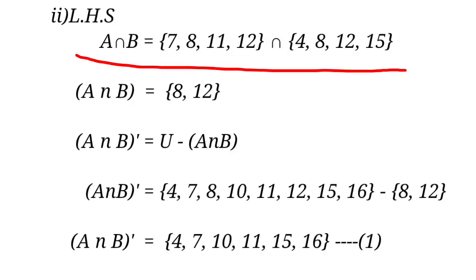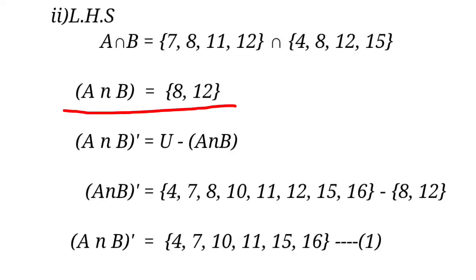Then A intersection B = {7, 8, 11, 12} intersection {4, 8, 12, 15}. Here common elements are 8 and 12. Therefore, A intersection B = {8, 12}.